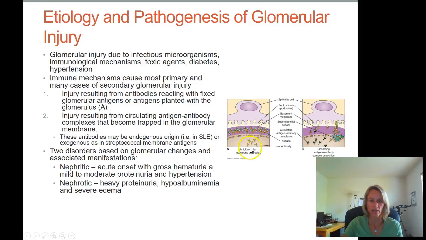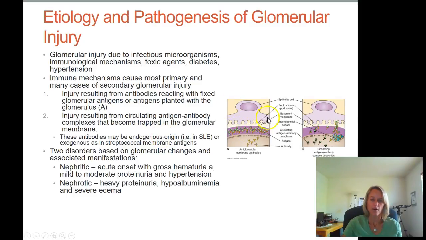Okay, and that's shown in A. Or we could get an injury resulting from circulating antigen-antibody complexes that then get deposited within the glomerular membrane. Now these antibodies might be endogenous, such as within systemic lupus, or exogenous, as in streptococcal membrane antigens.